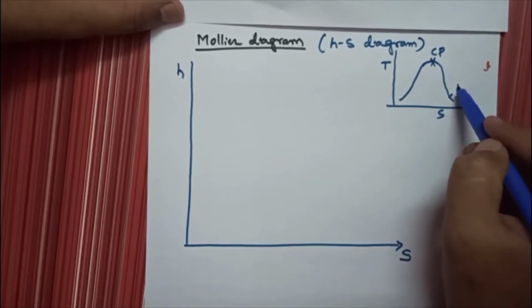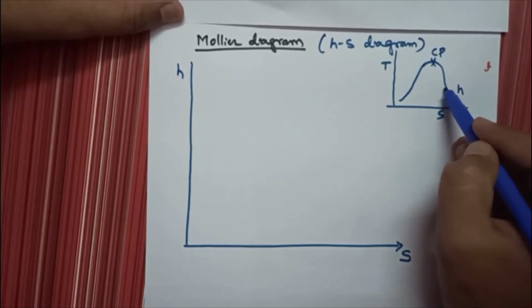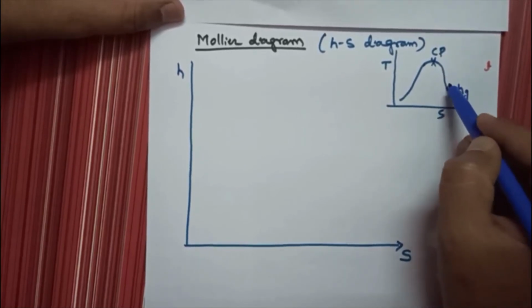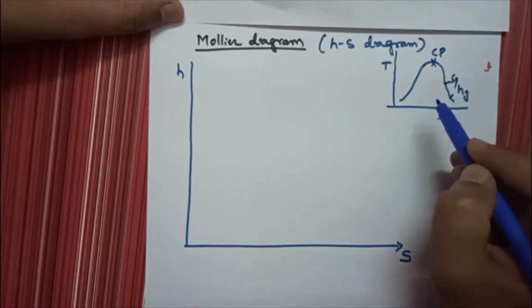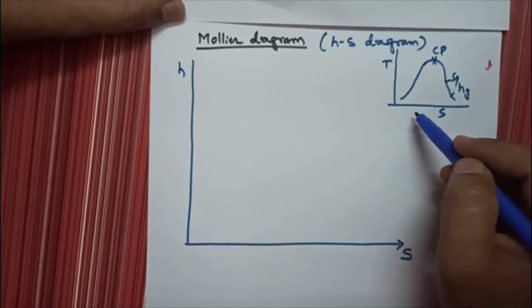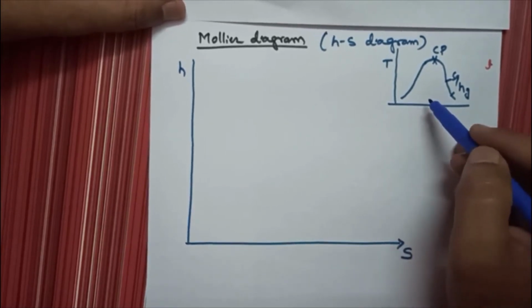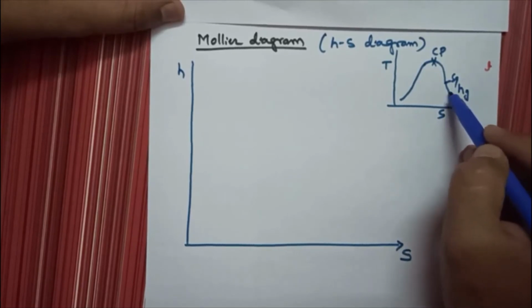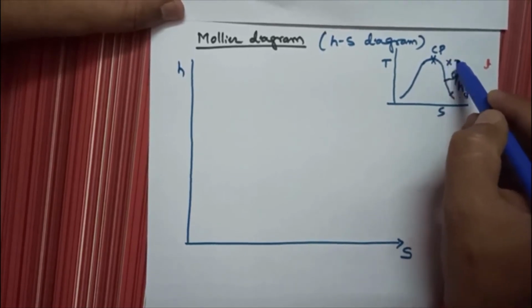For example, enthalpy measured on the saturated vapor line is hg, and entropy is sg. Understood? And the value of x, that is the dryness fraction or quality of steam, on the vapor line is x equal to 1.